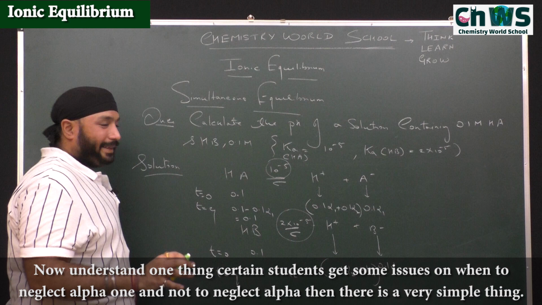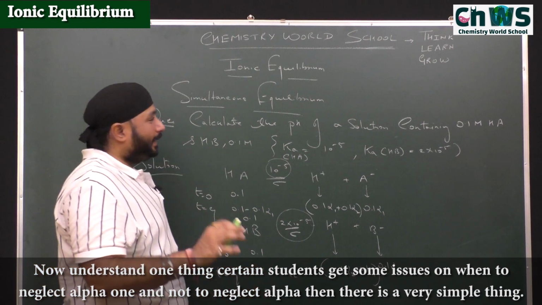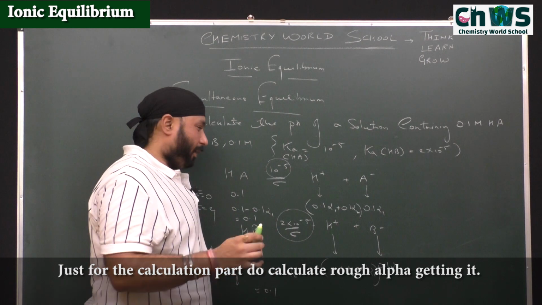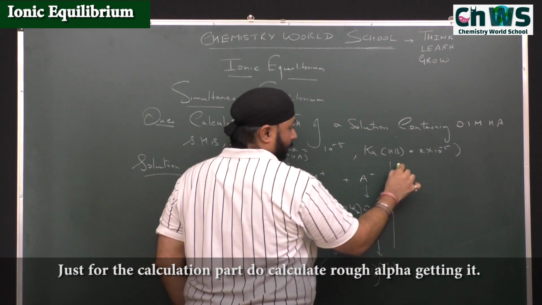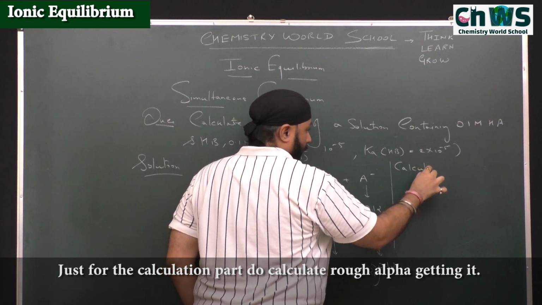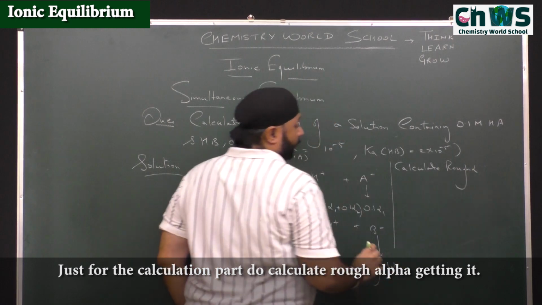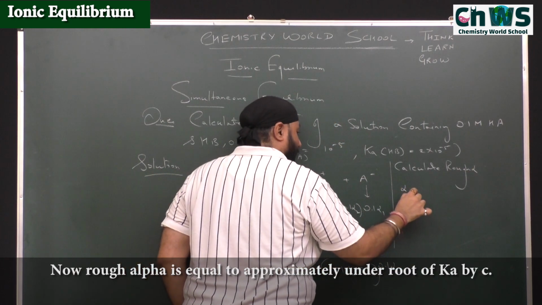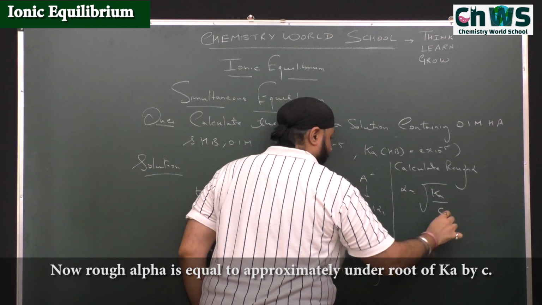Now certain students have issues about when to neglect alpha and when not to. It is a very simple thing. Just for the calculation part, calculate rough alpha. Rough alpha is approximately the square root of Ka by C.